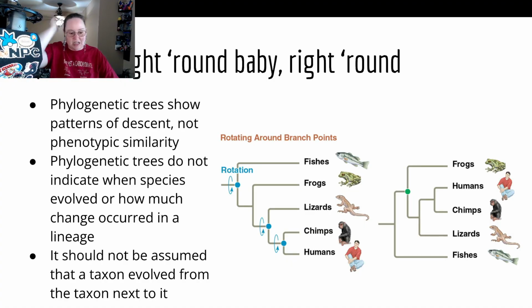Also, it should not be assumed that a taxon evolved from the taxon next to it. Just FYI, chimps and humans may have had a distant ancestor that was neither a chimp nor a human. Keep that in mind, because humans did not come from chimps, and that's why I really get annoyed when somebody says, well, we didn't come from no monkey.